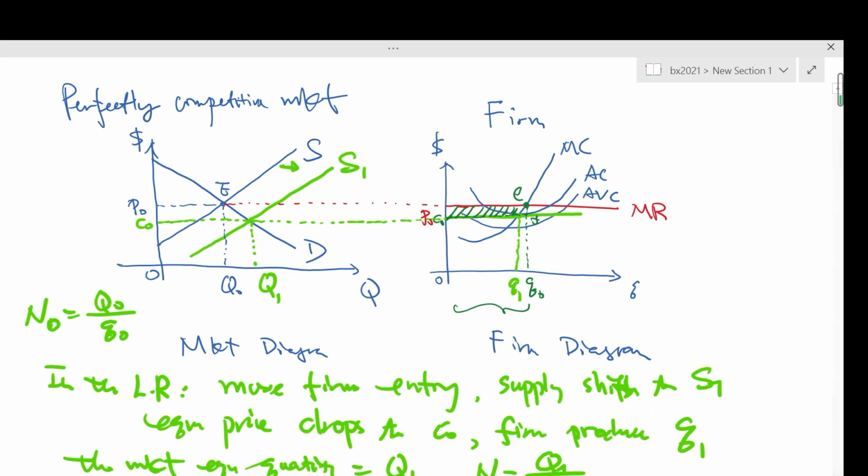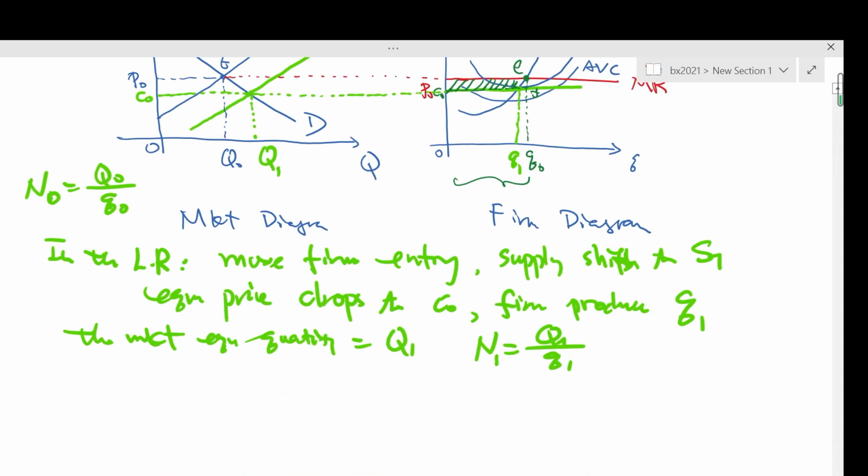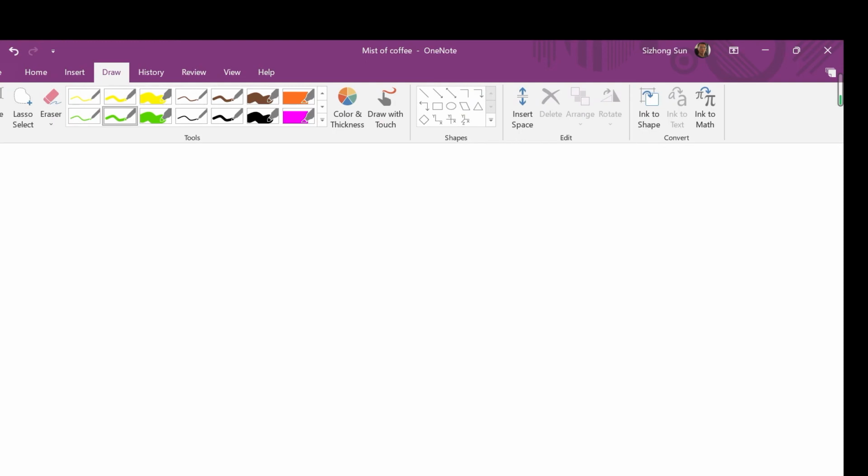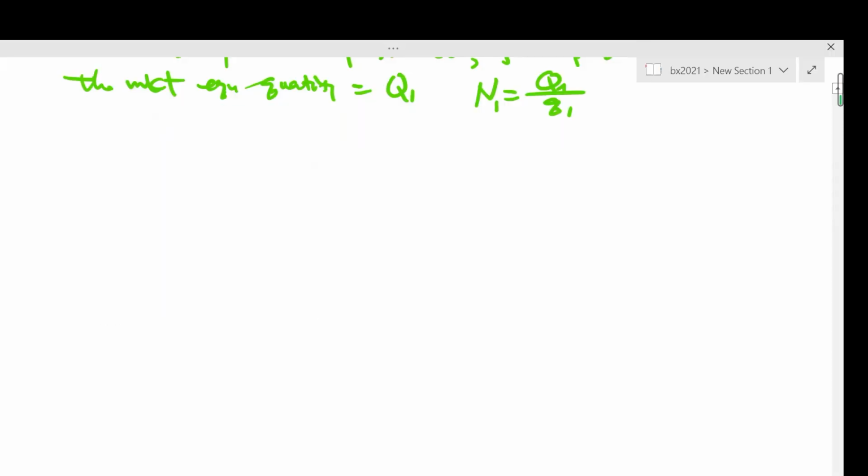Now, we have used this market diagram and the firm diagram to describe firms' behaviors.